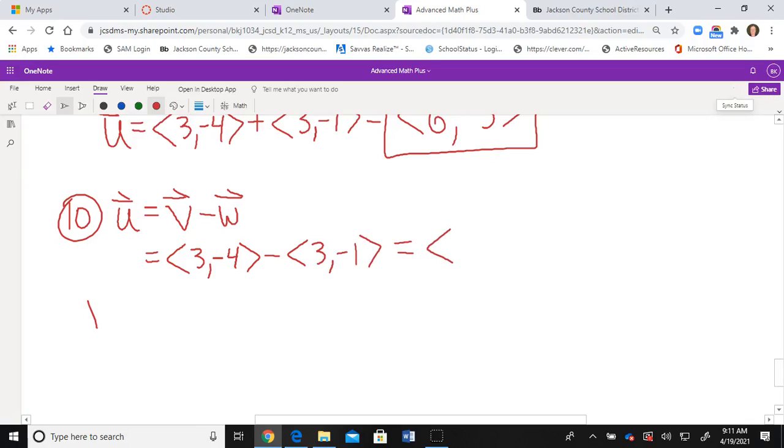So what is 3 minus 3? 0. And what is negative 4 minus a negative 1? Negative 3. The negatives cancel, make them plus, okay? Negative 4 plus 1 is negative 3. Okay?